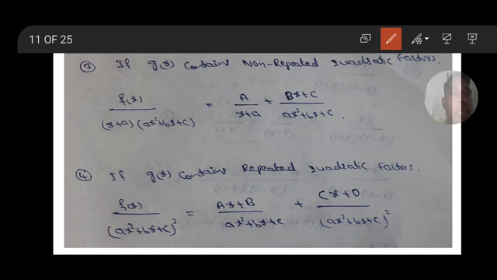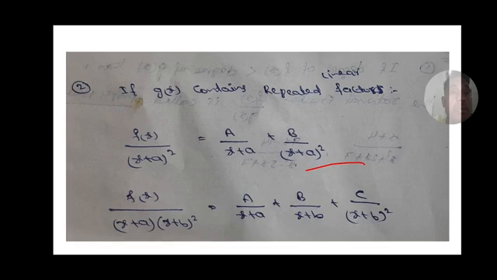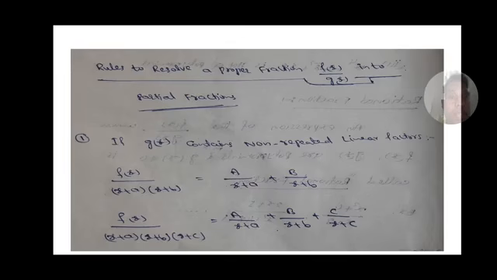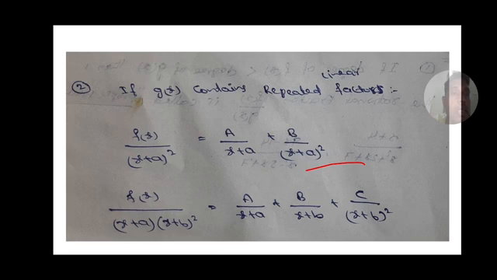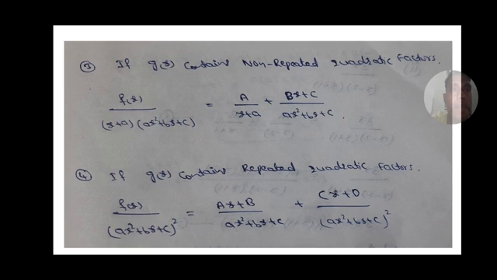Okay, these are the four cases, four possibilities. First one, g of x contains non-repeated linear factors. Second one, g of x contains repeated linear factors. Third one, g of x contains non-repeated quadratic factors. And fourth one, g of x contains repeated quadratic factors. Based on this, we will do the problems.